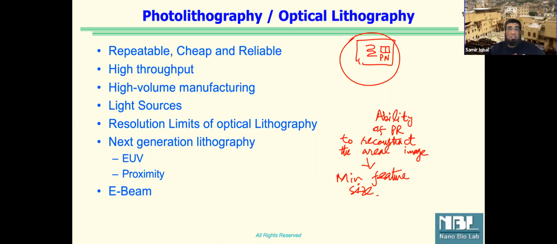So the mask has to have a material which is opaque to that light source that we use, so we can make the feature in that to put on the chip surface. But that's where we have different challenges. So you may have to make a mask made out of metal instead of just glass. But that's something we'll discuss in what we call next generation lithography.